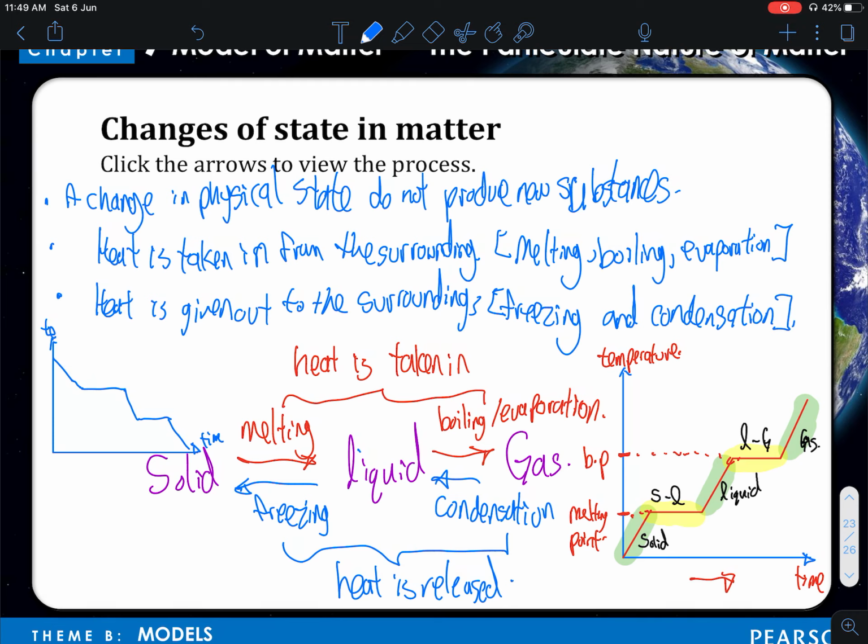Same thing, you have temperature, where these two are two separate things. Of course, you realize that this is the boiling point, and this is the melting point, or in other words, you can say it's the freezing point. It's the same, but it's just that the slope is actually moving downwards.